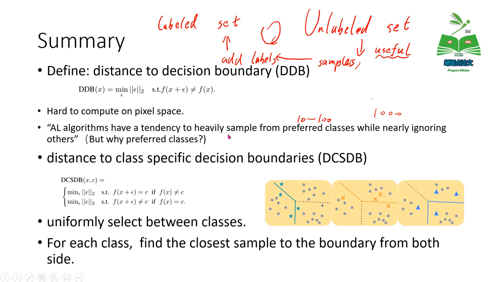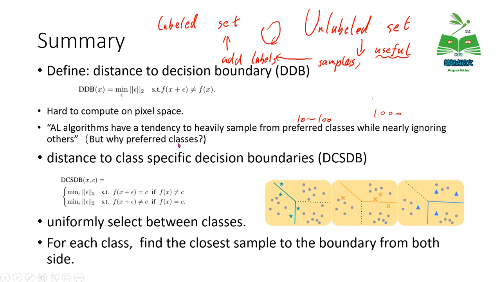So every iteration, every round, the active learning will sample from these 10 to 100 classes, and the remaining 900 categories won't be sampled. Then we know the labeled set will become a very biased data set, so the performance obviously will not be good.